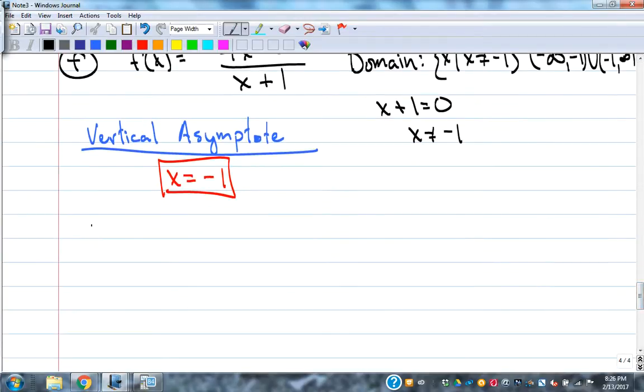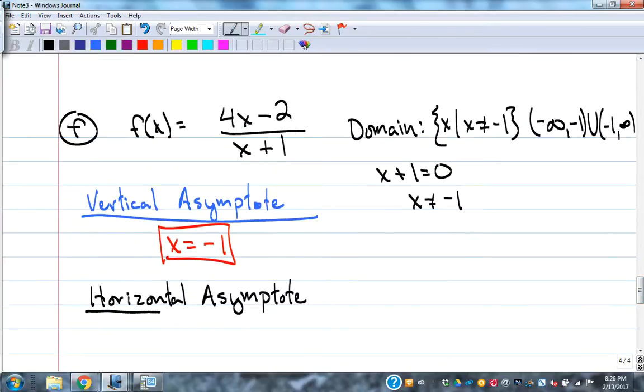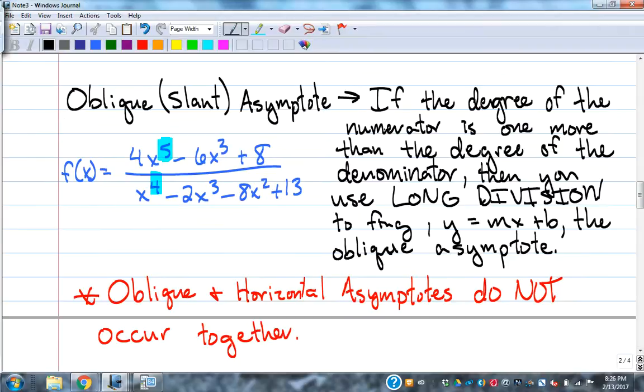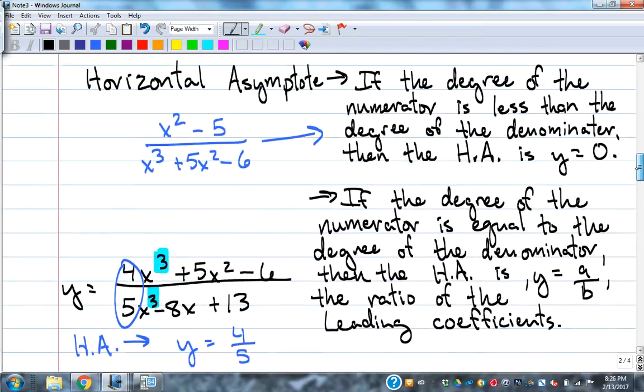Wonderful. Absolutely beautiful. Horizontal asymptote. Does this fit one of the rules for it? What's the degree of the top? What's the degree of the bottom? 1. They're the same. What's the rule? Oblique is when the top is 1 more than the bottom. That's not what's going on. Horizontal y equals 0 is when the numerator is less than the denominator. That's not what's happening. They're the same.